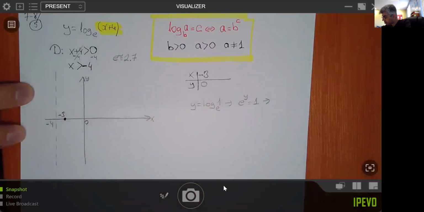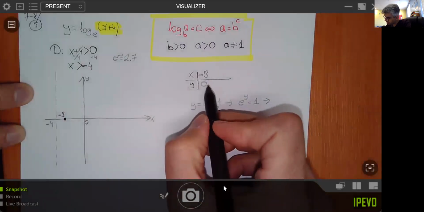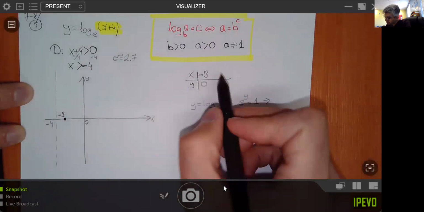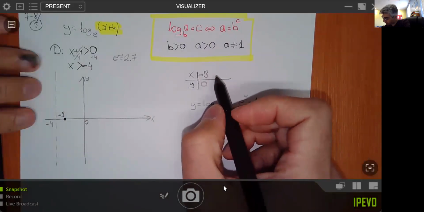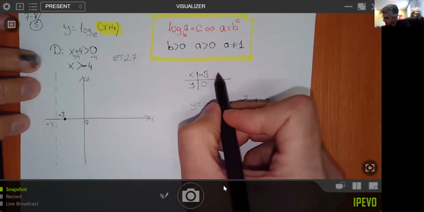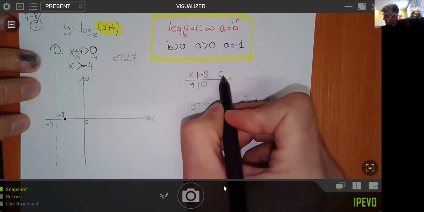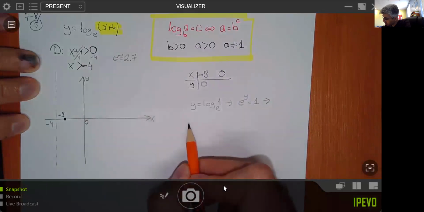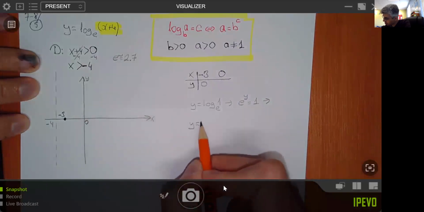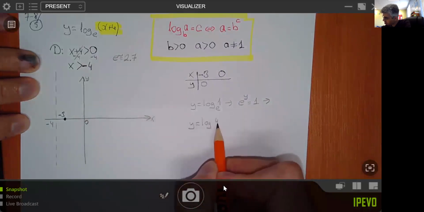And when x is equal to 0, how are we going to find the y value? Okay, x is equal to 0. I just write here y is equal to logarithm of 4.